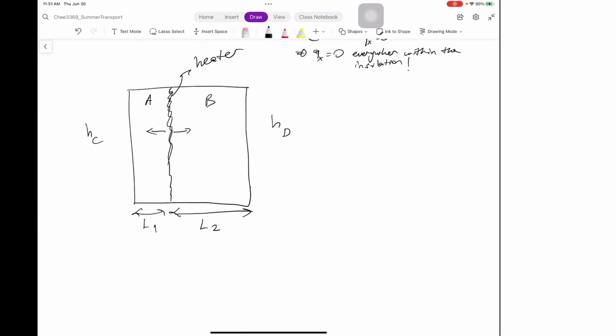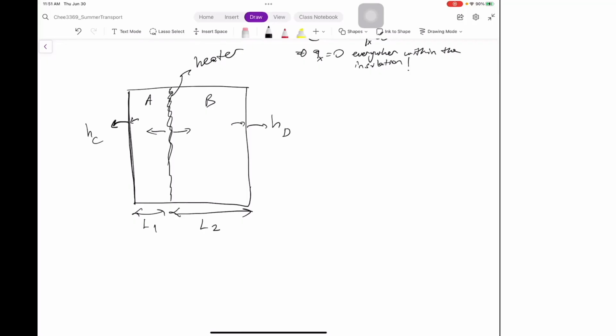You're going to have, for example, one boundary condition here. Oh, it's not a heater. One boundary condition here, which tells you that the convective heat transfer is equal to the conductive heat transfer here. Another boundary condition here.